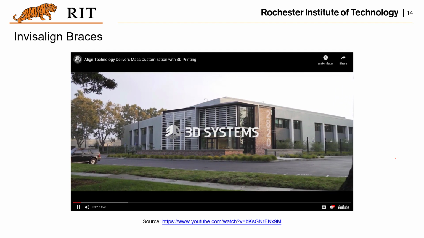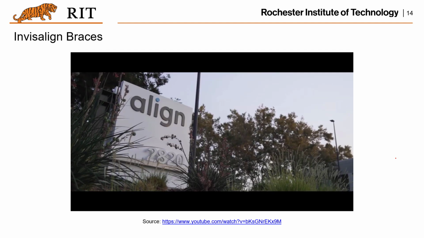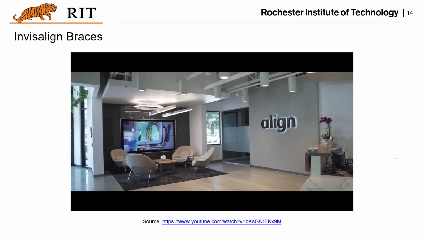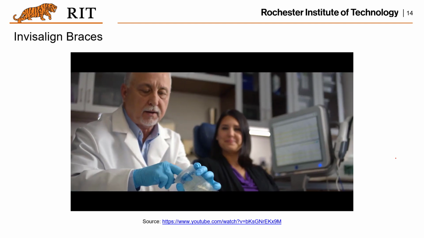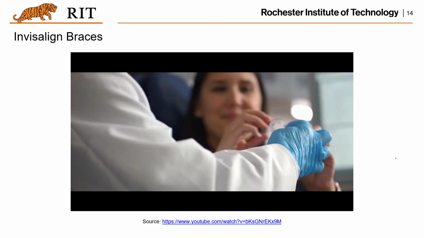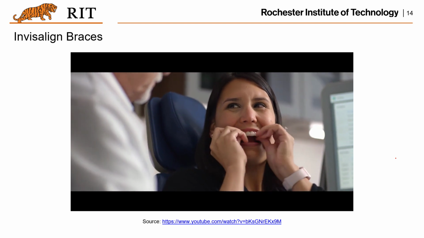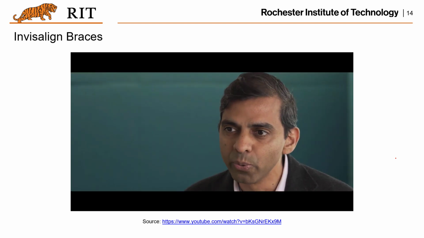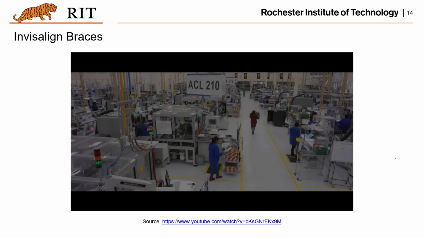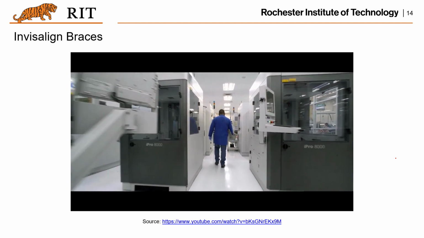The idea of mass customization is really the basis of the company's existence. The idea that originally sparked the whole thing was, can we use digital technologies to bring the science of teeth straightening into the next generation? When Invisalign started, 3D printing was primarily used for prototyping a limited number of parts. So what we had to do was figure out how to make that into a production process. 3D printing is really the foundation of our manufacturing process.